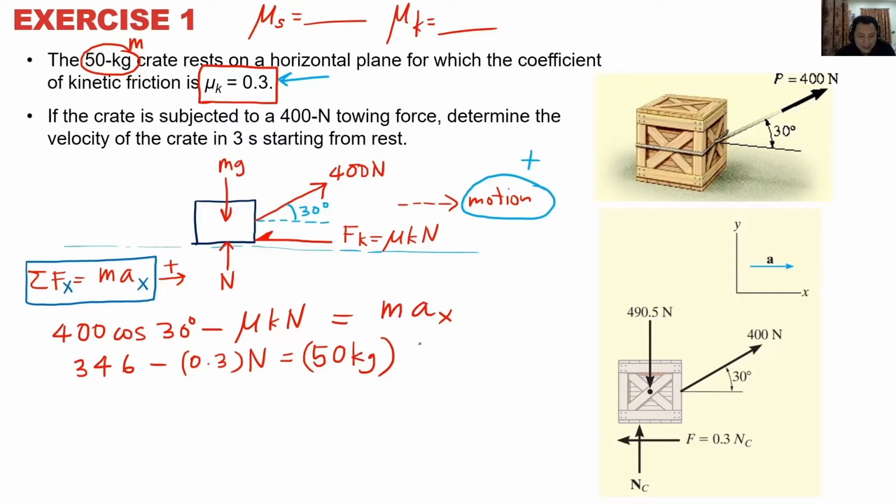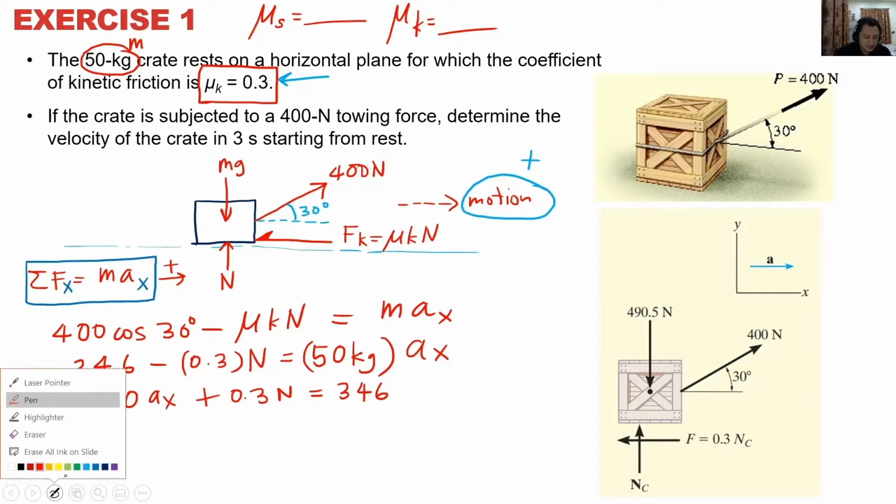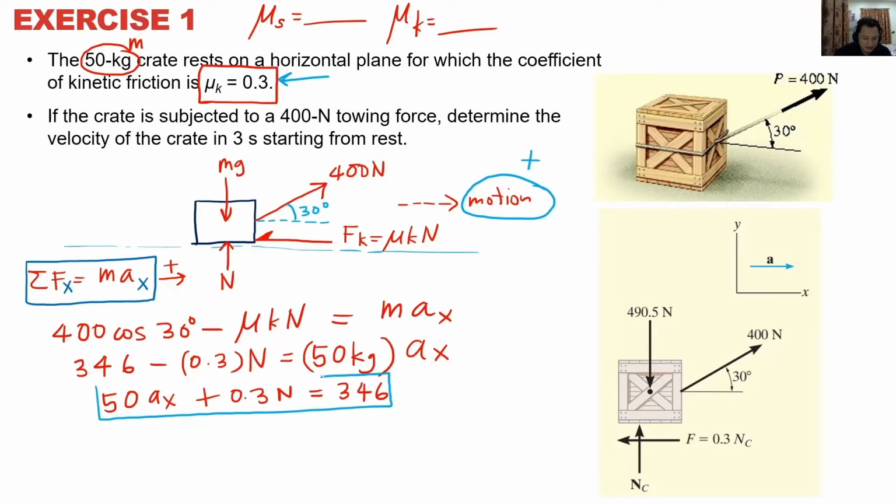No need to multiply by gravitational acceleration. You are trying to find the acceleration in the x-axis, so you can simplify the equation a bit. You get 50 ax plus 0.3 normal equals 346. This is what you get for summation Fx.